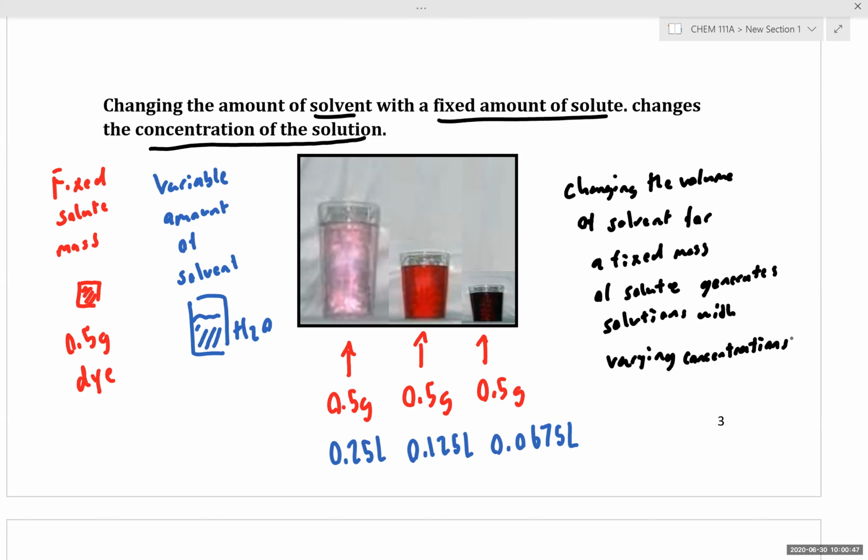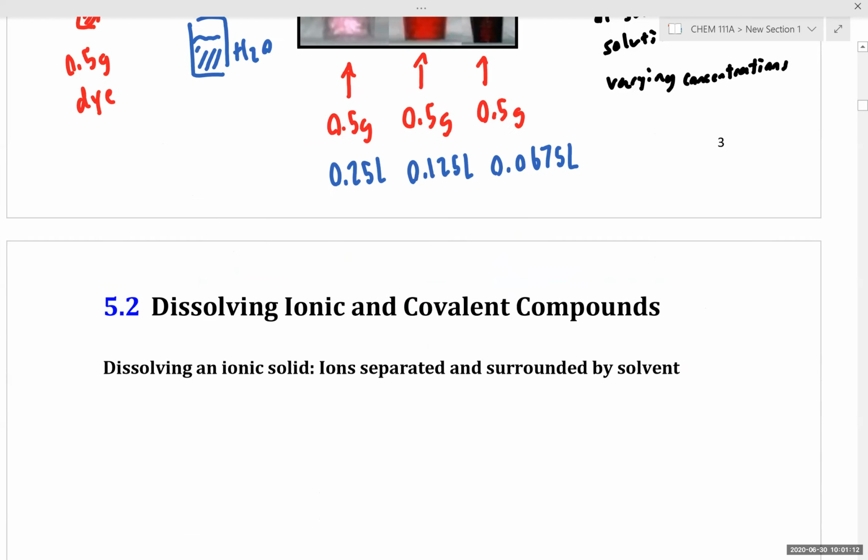So a critical feature of this entire discussion is we need to be very specific on how much solute we're adding and how much solvent we're using to dissolve that solute. Any questions so far on this example? If not, let's keep going.